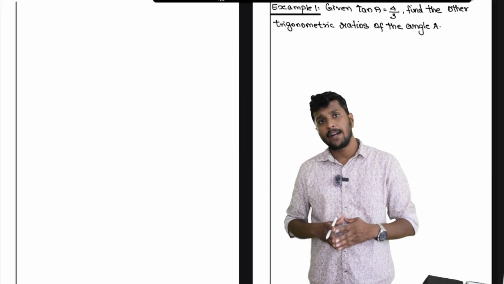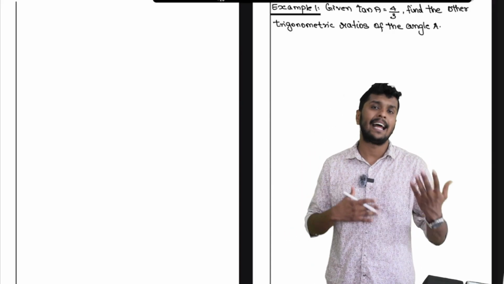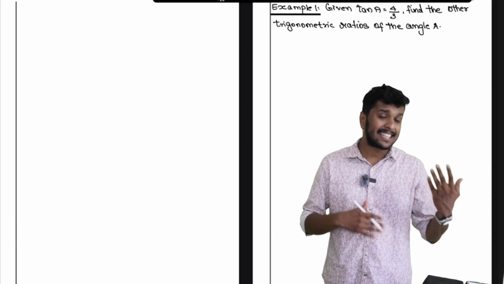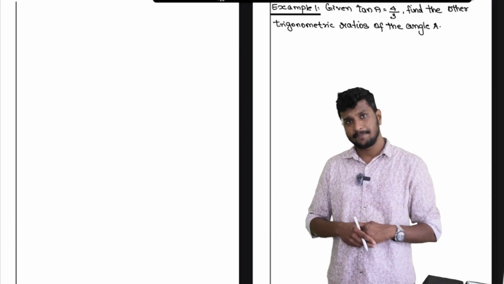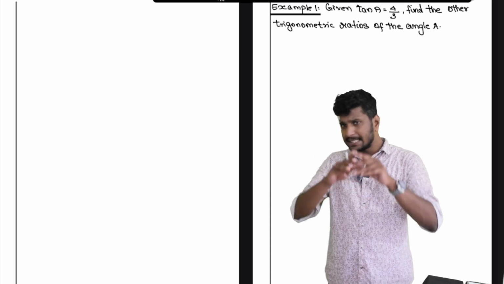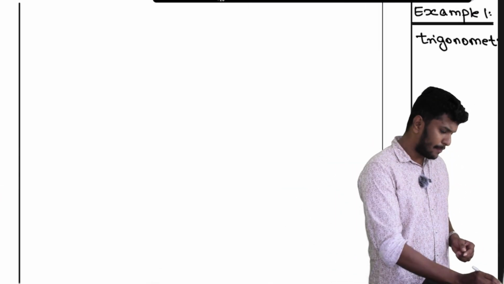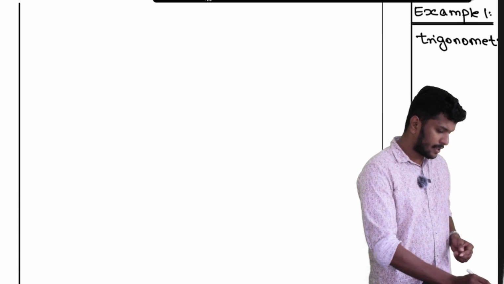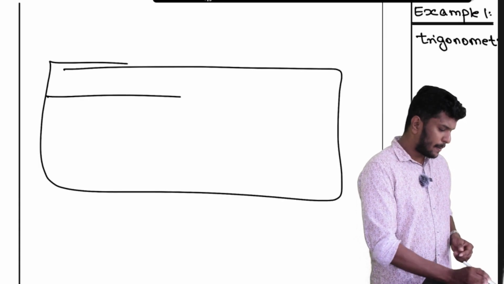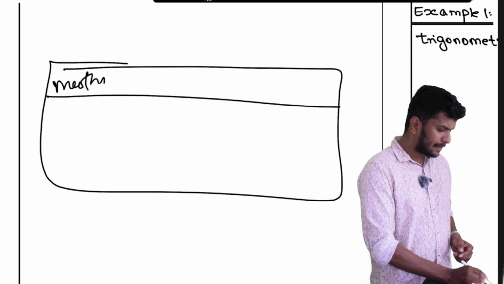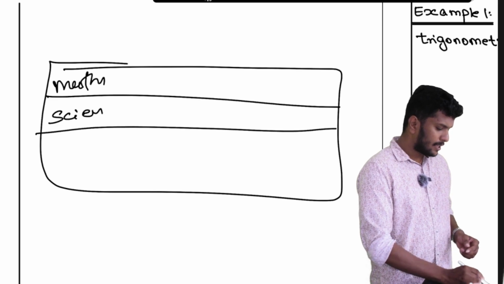This is a time where you'll have to strategize your learning. Make a study plan. Not a calendar, a study plan like this. I'll help. Look here. Write down here maths, science, social.